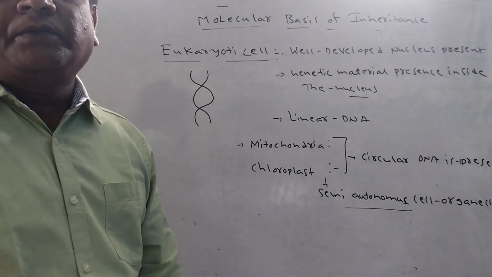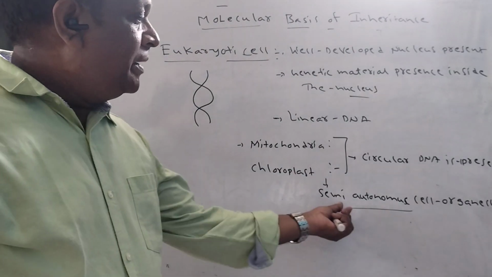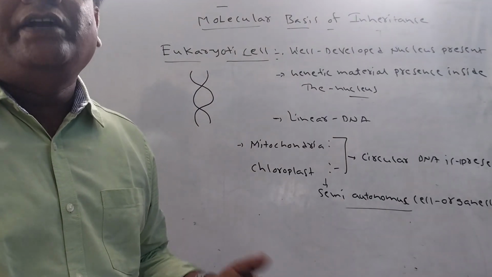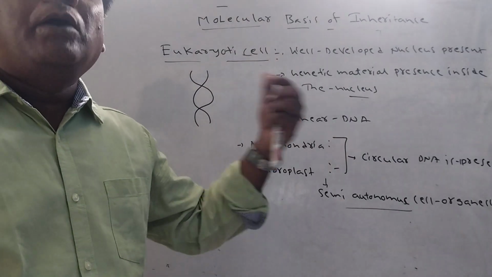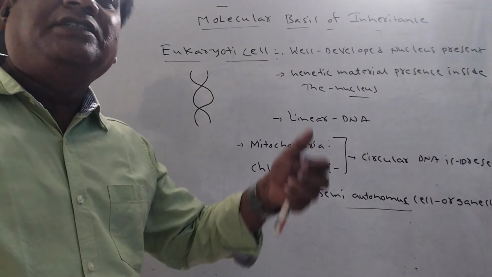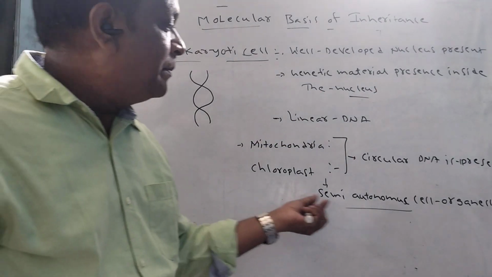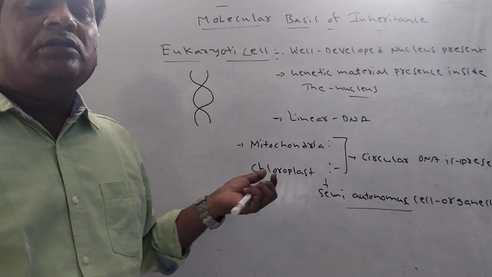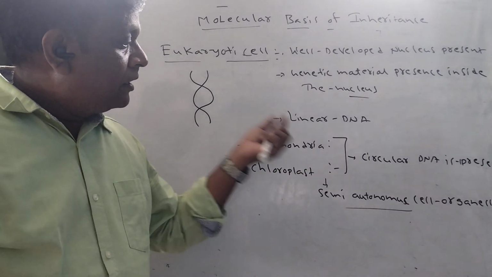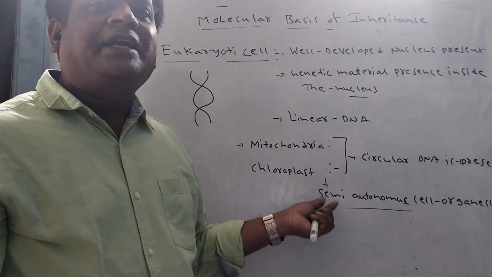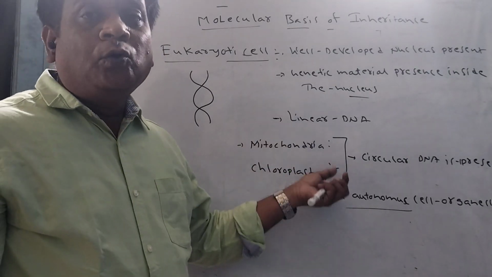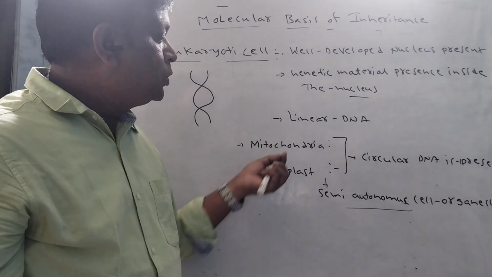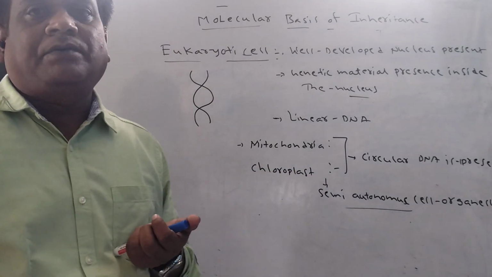Semi-autonomous means they have some freedom, but they need some guidance and energy from other parts of the cell.